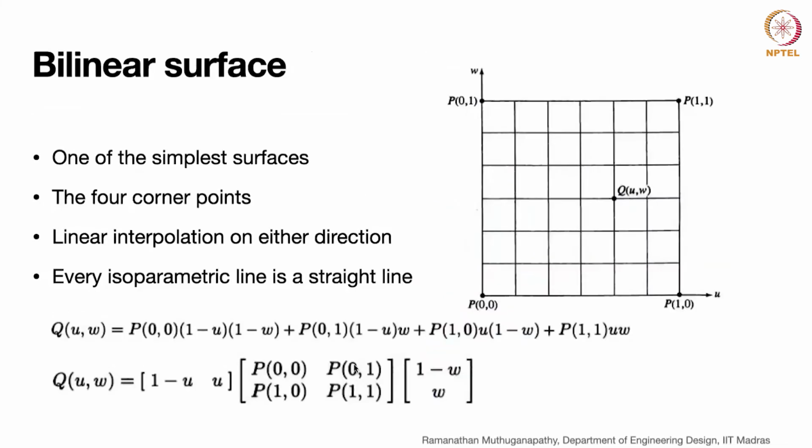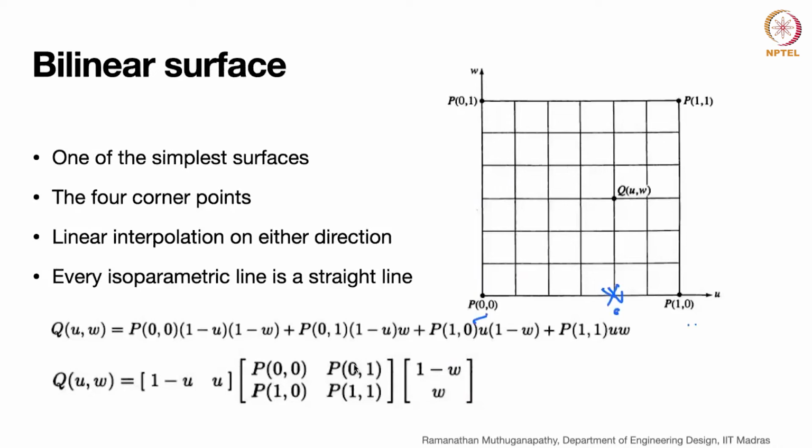This is one of the other surfaces, a very important one, and then we'll go to Bezier and B-spline, hopefully. A bilinear surface is basically where you take 4 points and do linear interpolation in both directions. For example, you have P00 and P10, and you do a linear interpolation between these 2 points to get to this point.